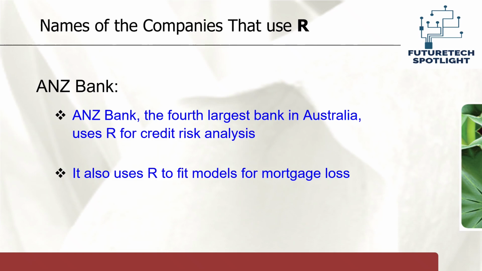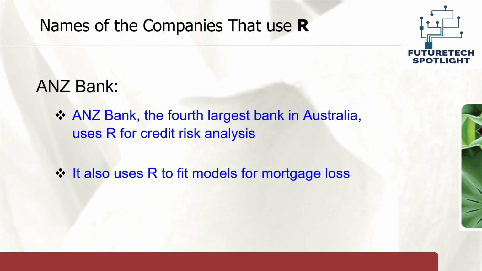Now this is very, very important in any type of banking and finance domain, credit risk analysis, so that we can prevent fraud in the industry. It also uses R to fit models for mortgage losses. So these are the applications of R in the banking domain.